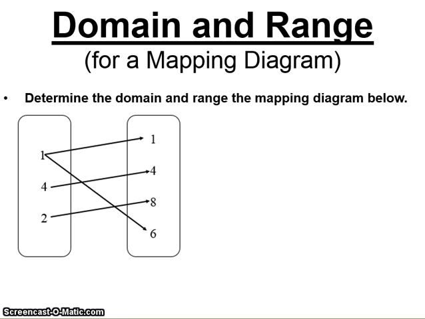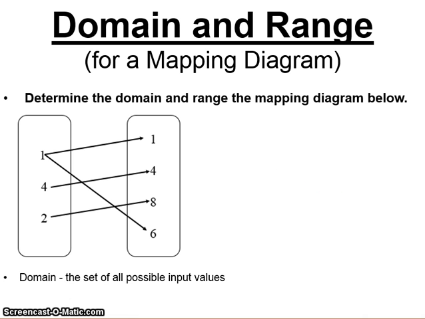All right, let's look at determining the domain and range for the mapping diagram. Now remember, a mapping diagram is another way of organizing ordered pairs. This literally says 1, 1 as an ordered pair, 1, 6 as an ordered pair, 4, 4 as an ordered pair, and 2, 8 as an ordered pair.